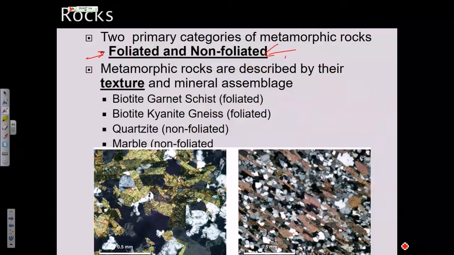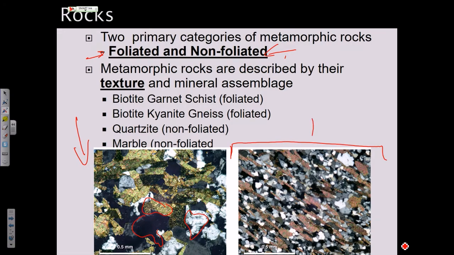Okay? So in the rock on the bottom left, we're looking at a rock under a microscope. We see all of these green minerals here and all these sort of black spots and white spots here. Do you see any alignment of minerals whatsoever? Nope. However, it's very easy to see on the right-hand side, and here, there's an alignment of the mineral muscovite and biotite running through the rock like that.